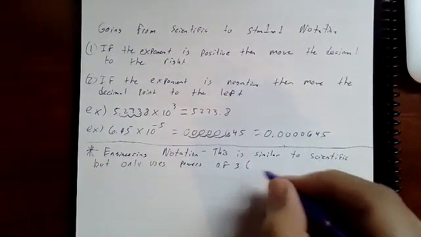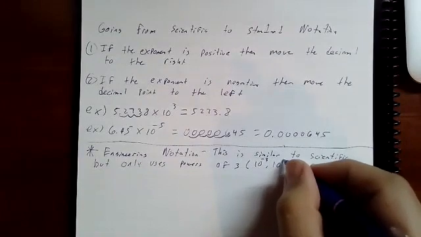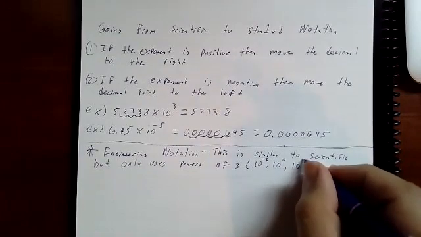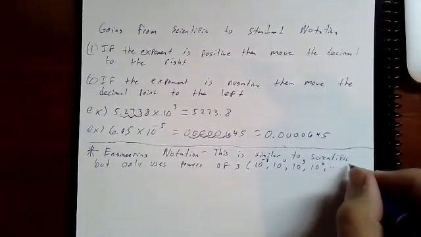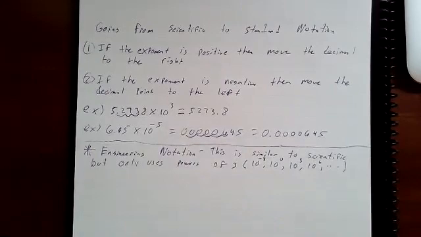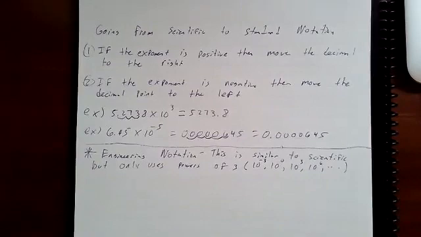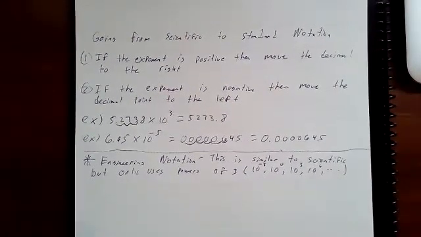What I mean is stuff like negative 3, technically 0 would be cool, 10 to the third, 10 to the 6, whatever, forever, in either direction. As long as it's divisible by 3, or 0, it's fine.